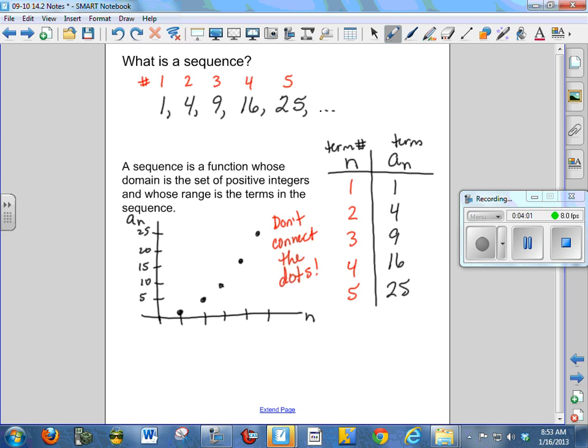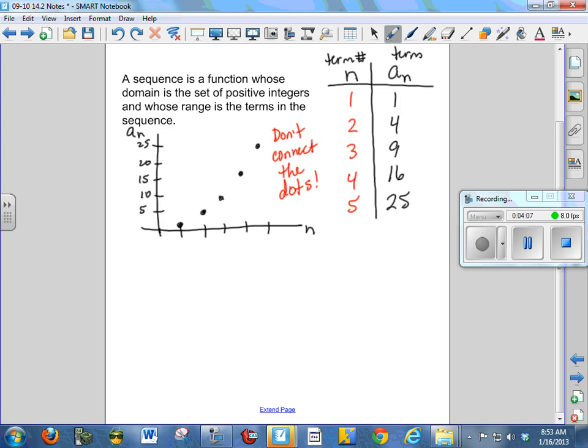Now how do we write notation here? In this particular case, we could make a rule, and hopefully you recognize that these terms are all perfect squares of the term number. So if I went down and added term number n, I could say that the rule for this term is n squared.